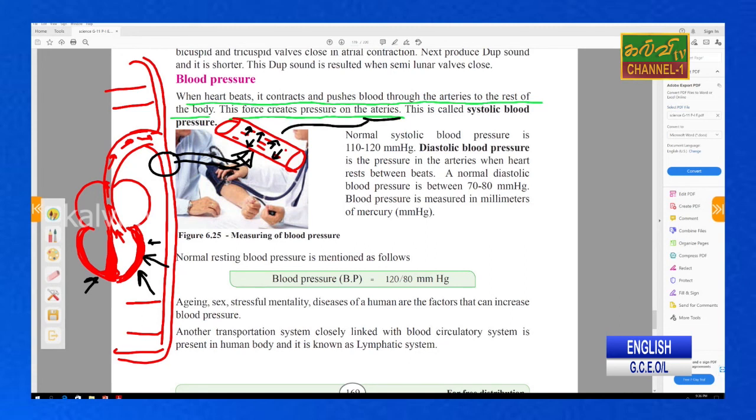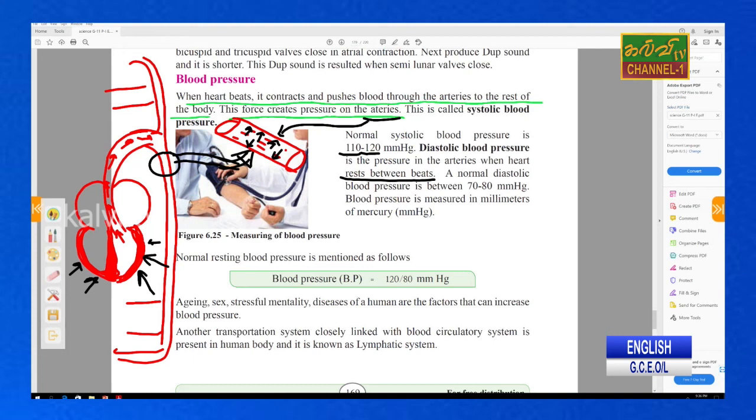Arteries means this. This is called systolic blood pressure. Normal systolic blood pressure is 110 to 120 millimeters of mercury. Diastolic blood pressure is the pressure in the arteries when the heart rests between beats. Right?